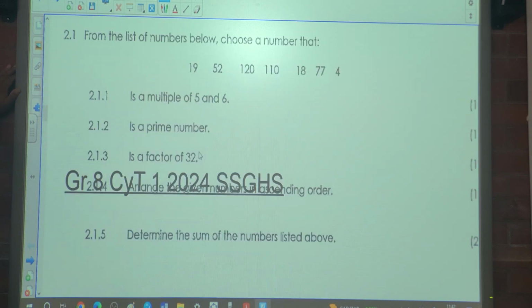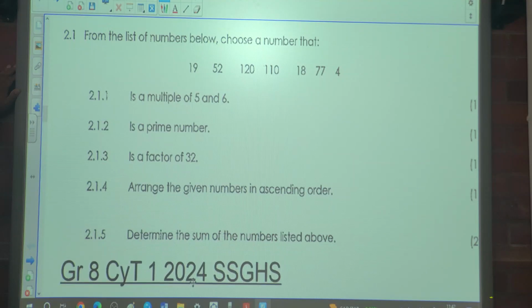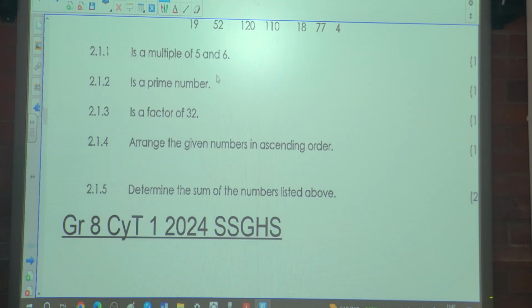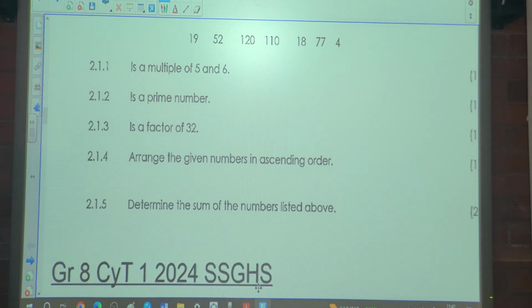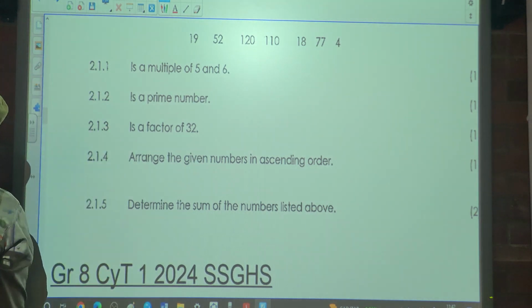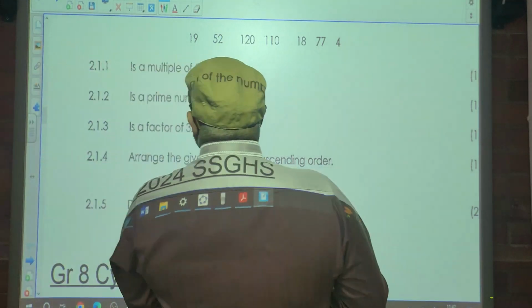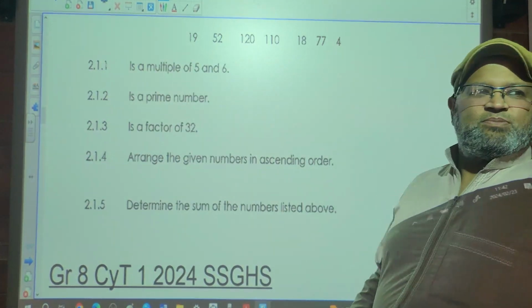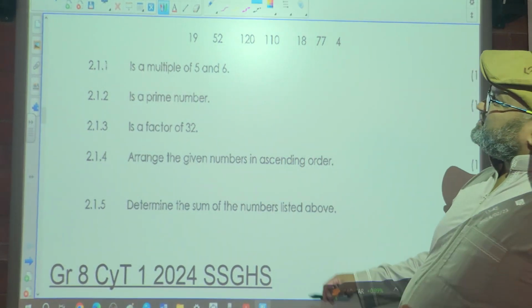In question 2 we are told, from the list of numbers below, choose a number that... So only from this list, not numbers that you want to add to the list or anything, only from the list. The number that's a multiple of 5 and 6. So what are the multiples of 5? 5, 10, 15, 20 and so on.